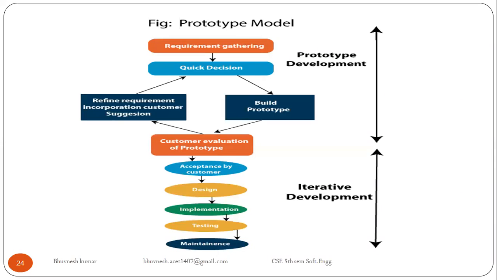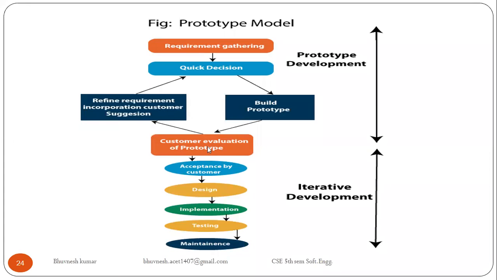The customer will check that dummy, whether it is working according to his need or not. The customer will evaluate that dummy, and if he or she wants any change, then again go through this process, that is, refine the requirement and incorporate the customer suggestion.